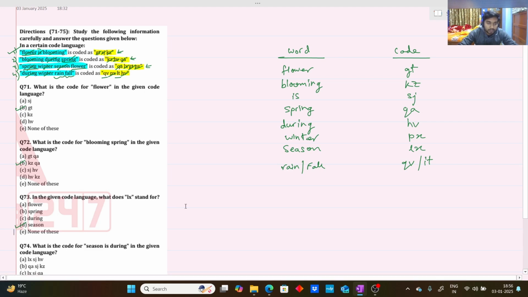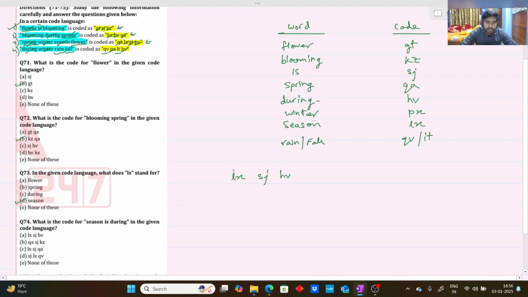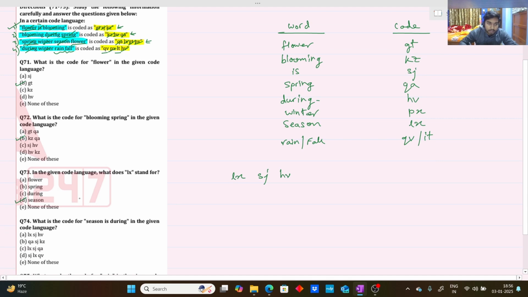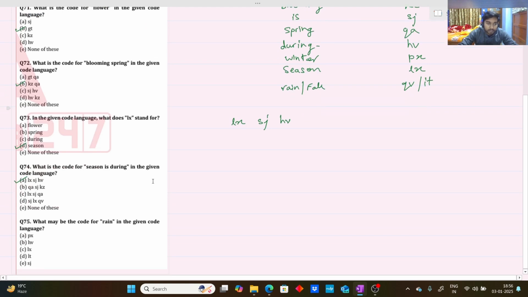What is the code for "season is during"? Season is LX, is is SJ, and during is HV. So LX, SJ, HV. Option A. And the last question, what may be the code for rain in the given language?